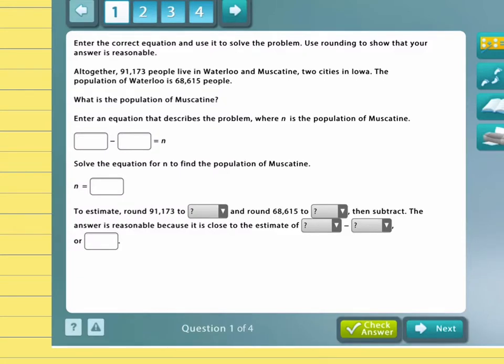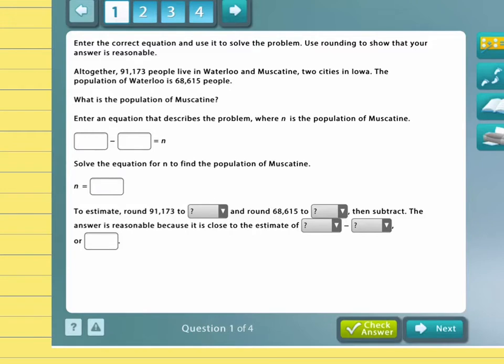First problem: altogether, 91,173 people live in Waterloo and Muscatine, two cities in Iowa. The population of Waterloo is 68,615. What is the population of Muscatine? So this is a situation equation.